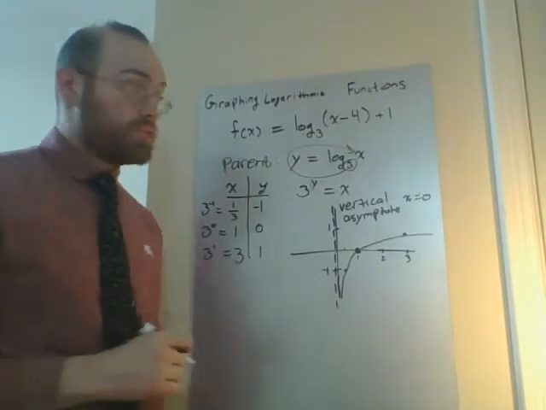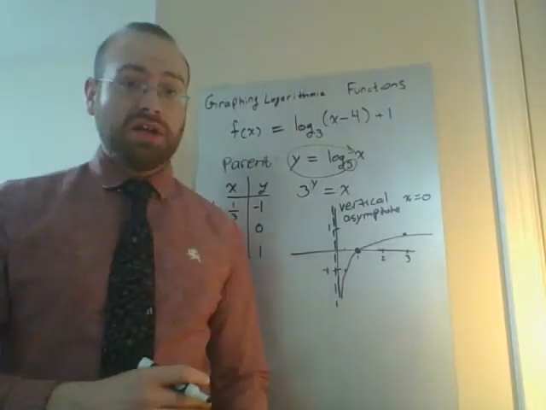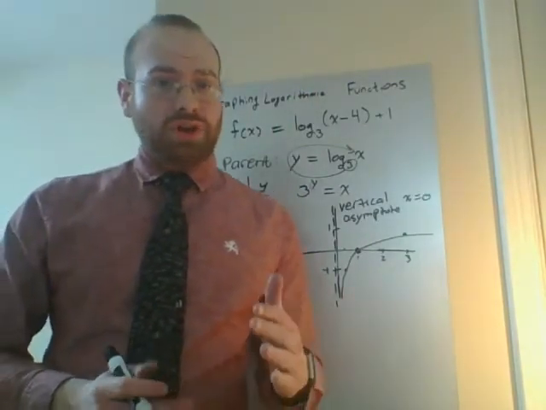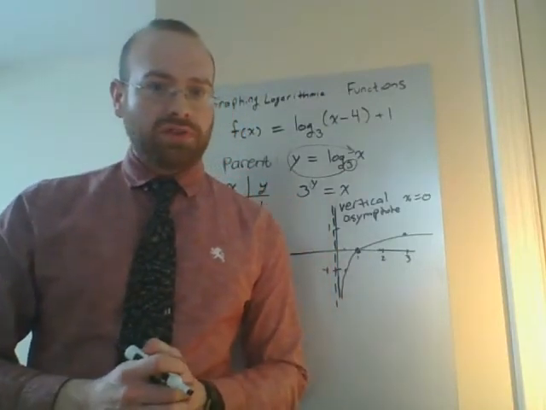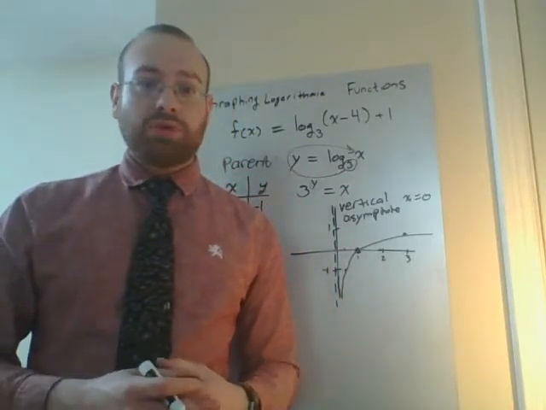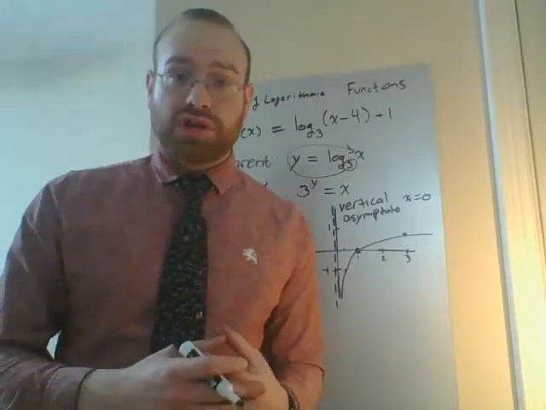But as before, when we transform our function, things are going to move. And so starting by moving that asymptote first is going to help us more easily graph our transformed function.